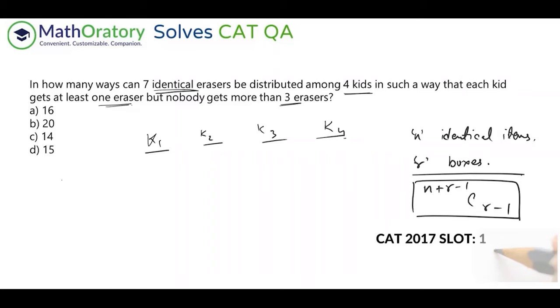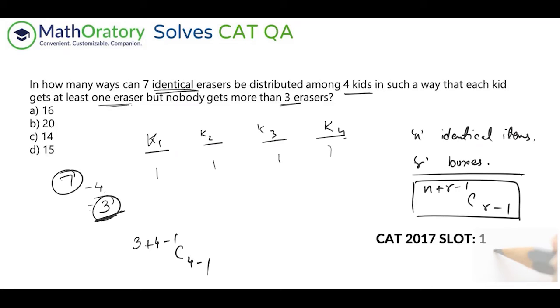Now we have seven identical erasers, right? Because they're identical and we need to give one eraser to everybody, it doesn't matter which eraser goes. So we'll simply assign one, one, one, one to each of them. Now four erasers are gone, and we are left with three more erasers. Ideally, these three erasers can be distributed among these four children in 3 plus 4 minus 1, C 4 minus 1 ways.